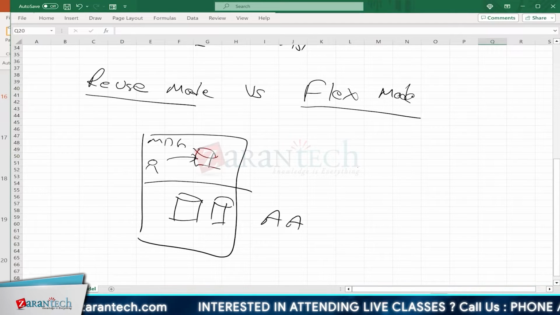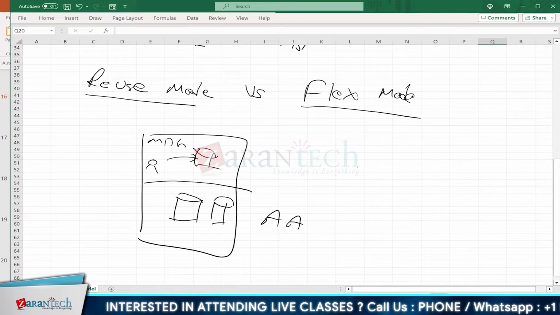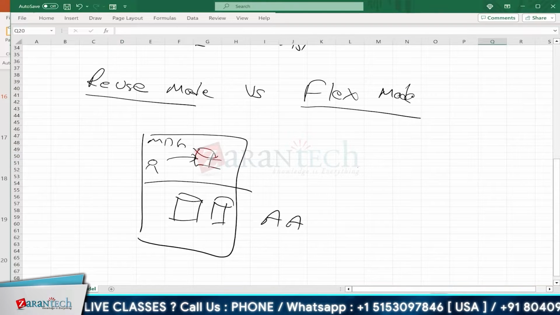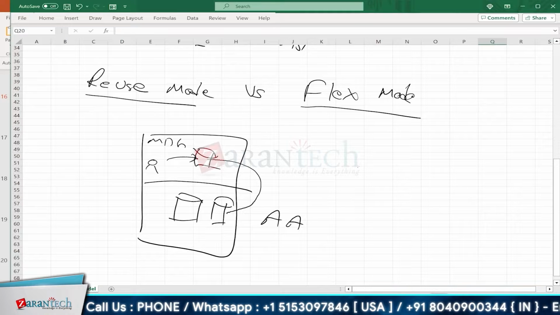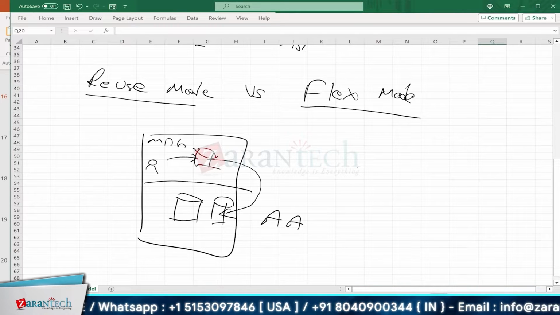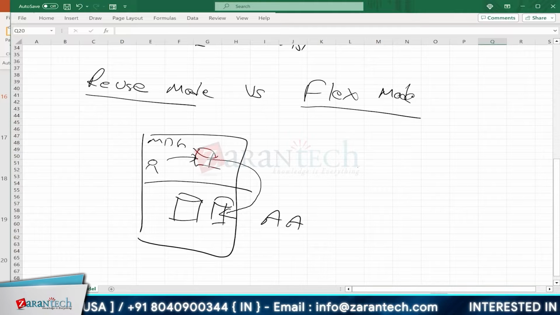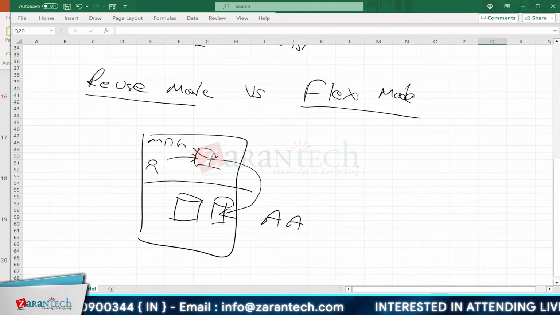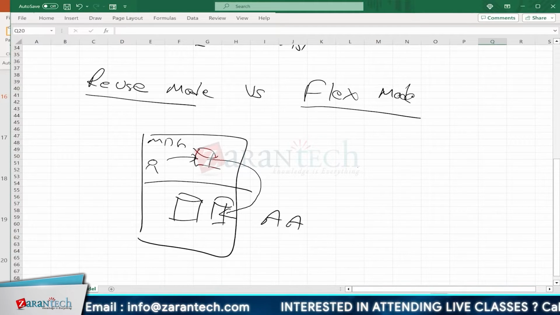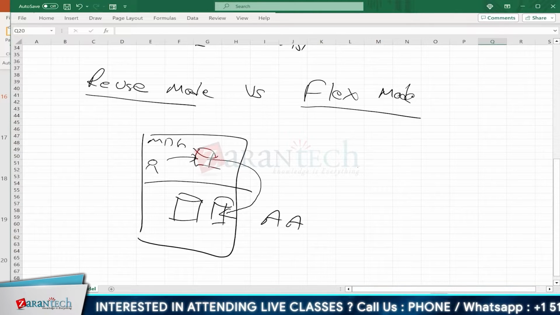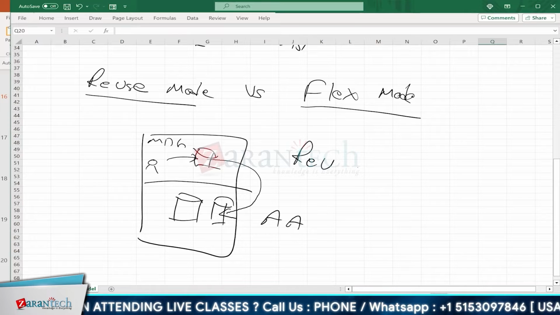Once the approval process is completed and the record gets activated, the record is deleted from your staging table and moved to your active area table. So you don't find that record in your staging table, because it is activated and moved to your active area tables. This kind of mode we call reuse mode.